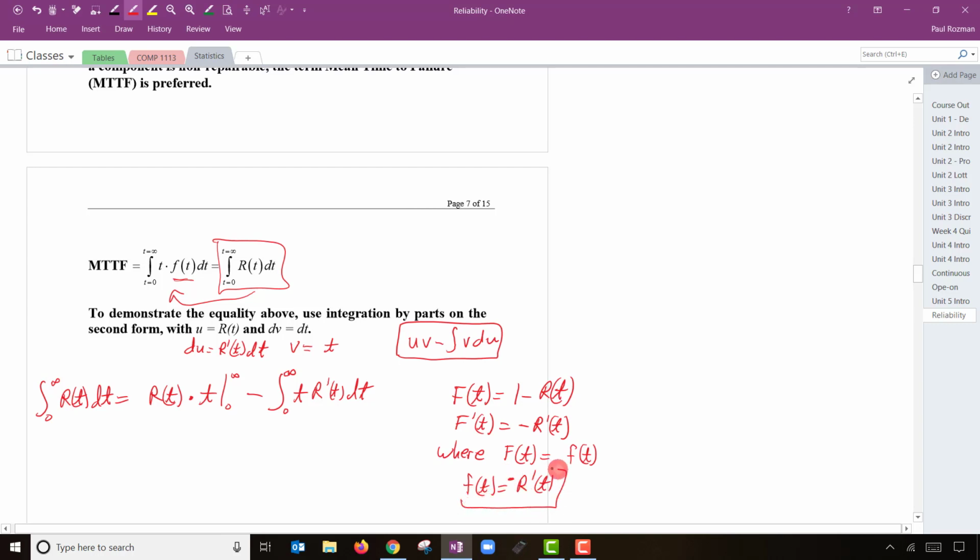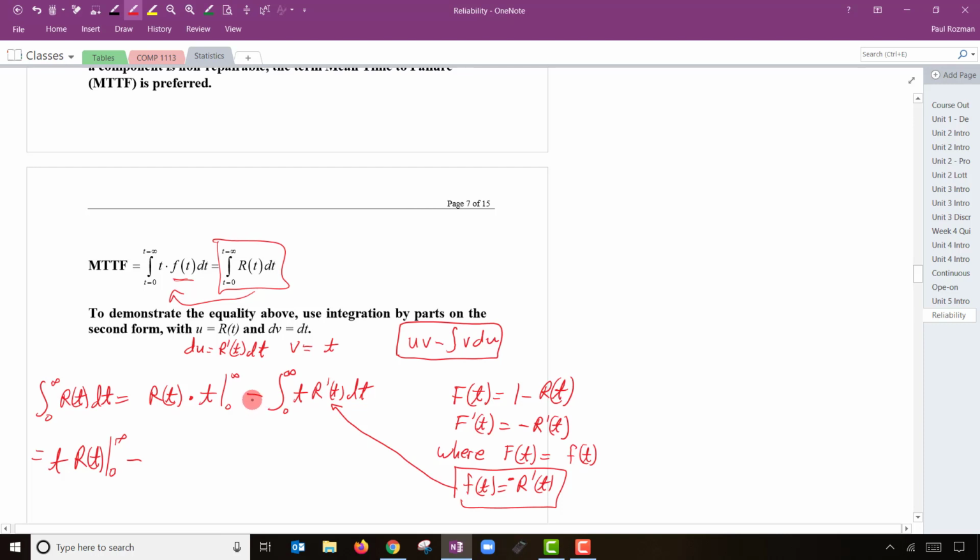And now check this out. We can substitute this thing back in there. I'm just going to rewrite this, and I'm going to switch this around. I don't like the order of that thing. T times r of t from 0 to infinity minus, I have negative r prime of t equals little f of t, so I can just substitute that in there.